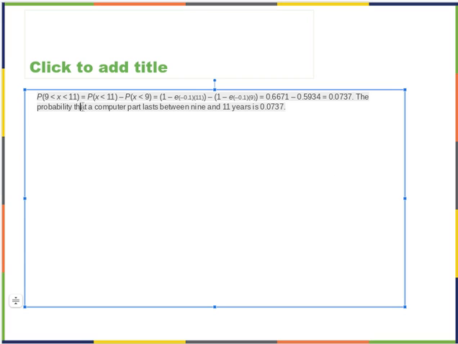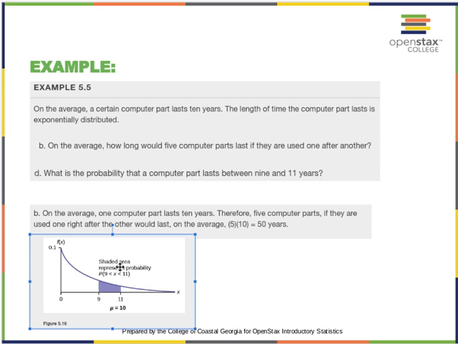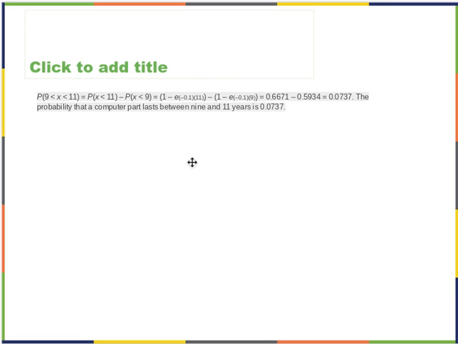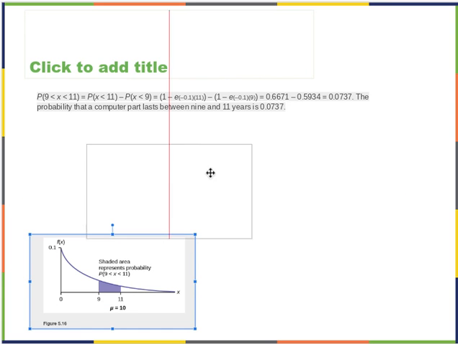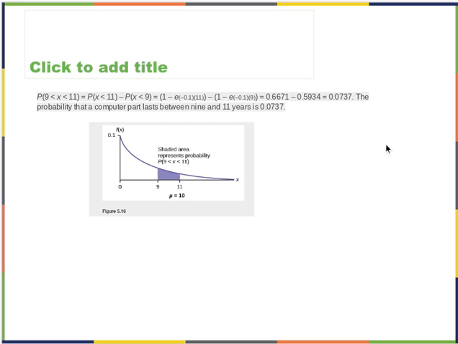This is the equation that gives us our 0.0737. Once again, that is just coming from the probability of x less than 11, so you're going area to the left, minus the probability x is less than 9. I hope you can see that that will give you this area. So it's this entire area minus this entire area that gives you the purple area.